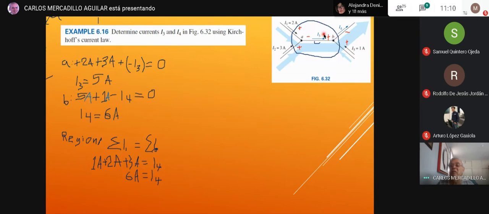We have here I3, but we know that I3 is 5 amps, which was calculated. So we put here 5 amps plus 1 amp, that is I5, minus I4, because it's leaving, minus I4 equals 0.